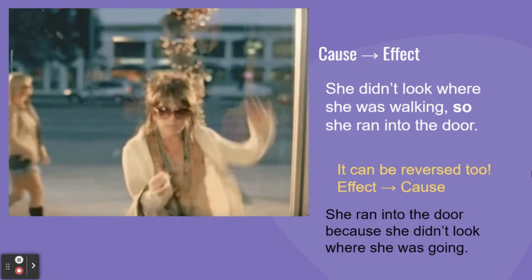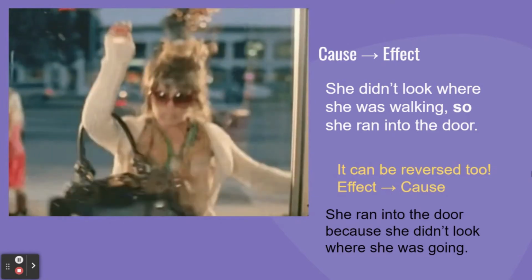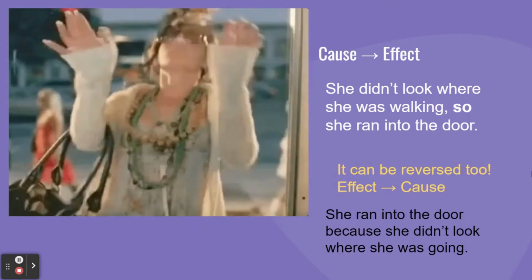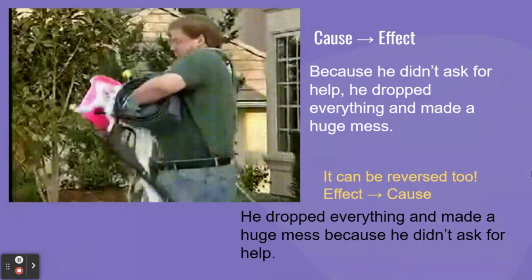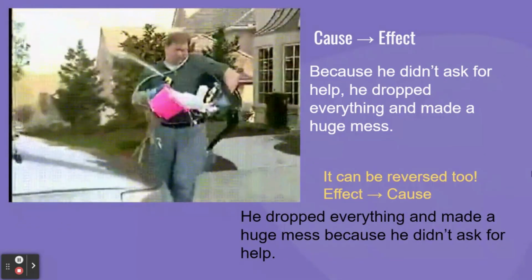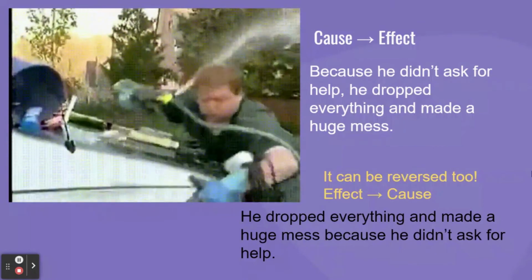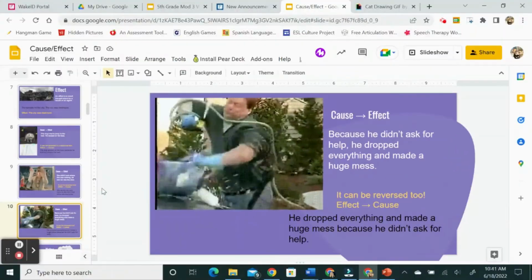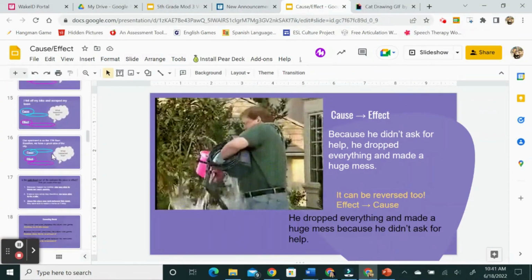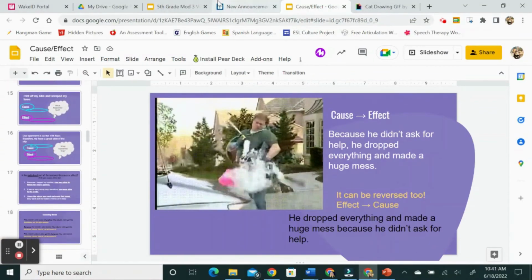I'm like, well, which one happened first, right? Was she not looking or did she run into the door? They can easily tell me she wasn't looking. So it's super, super engaging and you can make them really funny. So I love it. They love it. And that's pretty much how I use that in my classroom.